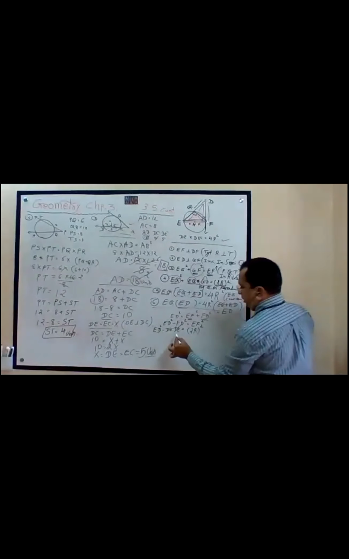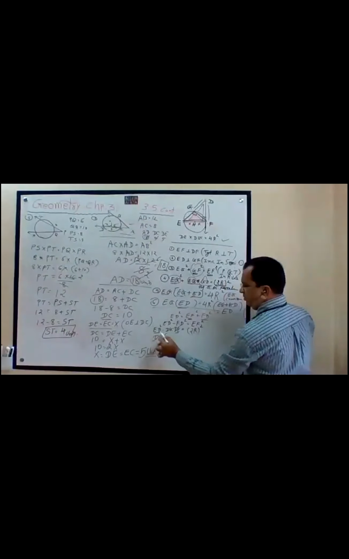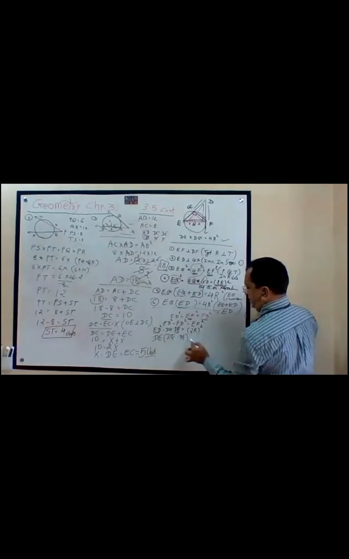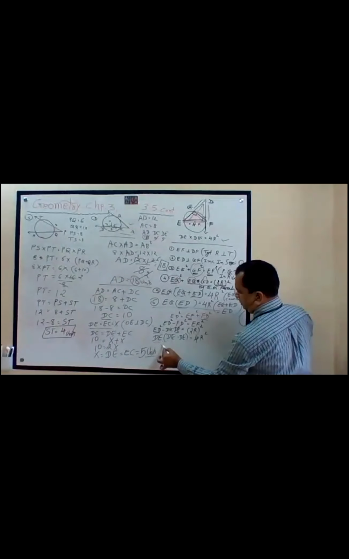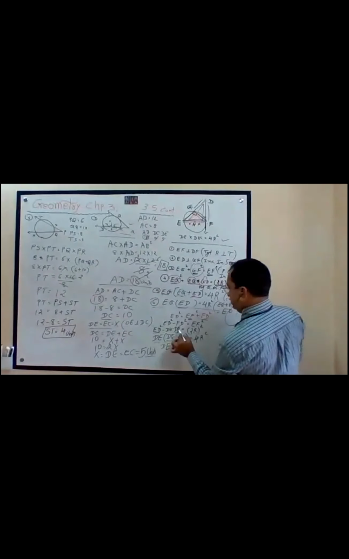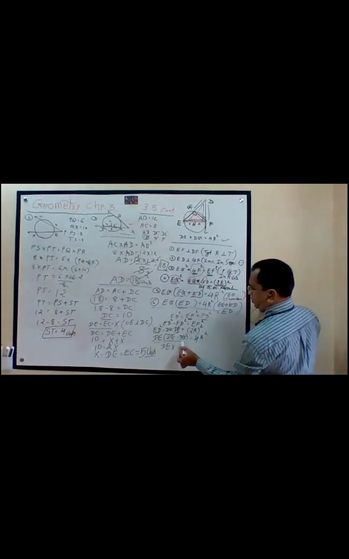Correct. One more time, D is common. D is common, so 1 DE will be there, minus DG will be there. D out, 1 D out, 1 D in. So this is 4r square. Now this is EG only.